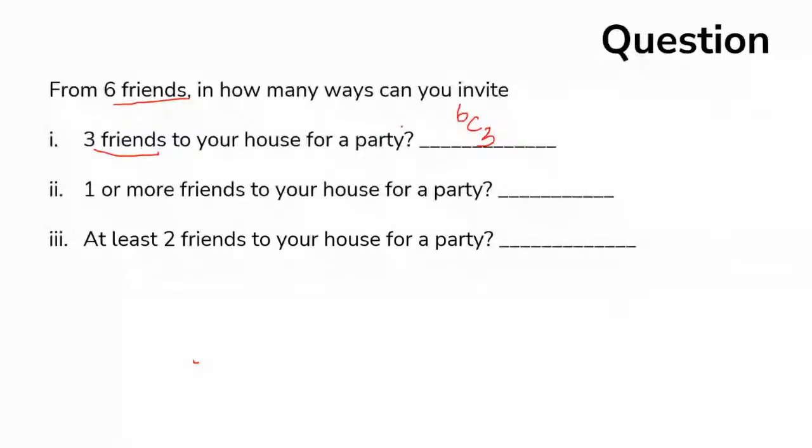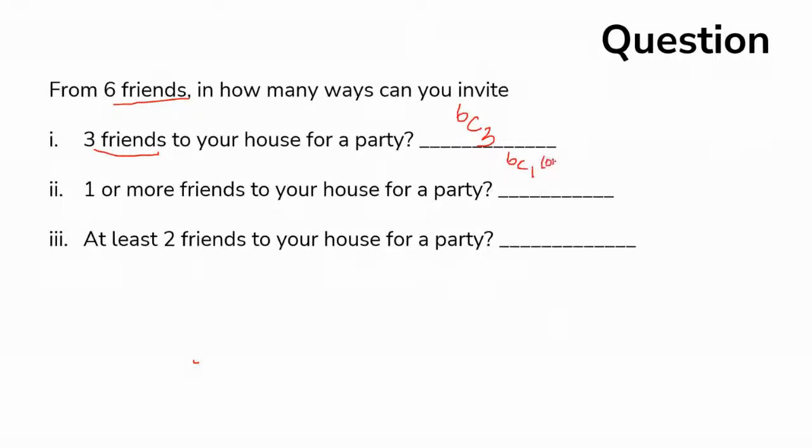Moving on to the second question, one or more friends to your house for a party. One or more friends means, how many ways can I select one friend? Out of six friends, I have to select one, means 6C1.